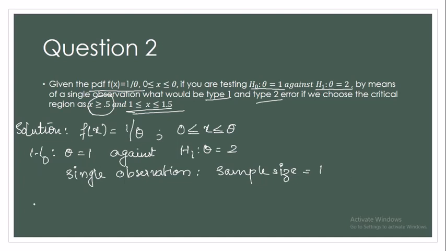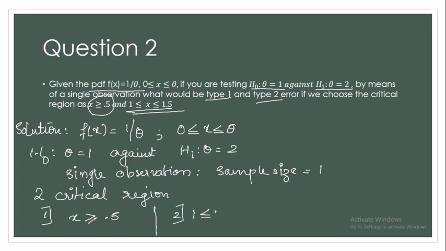Then you have two critical regions. That means you have to consider two cases for this question. The first critical region that you have to check is x greater than or equal to 0.5, and the second critical region is 1 less than or equal to x less than or equal to 1.5. Then we are asked to find out the probability of type 1 and type 2 error.